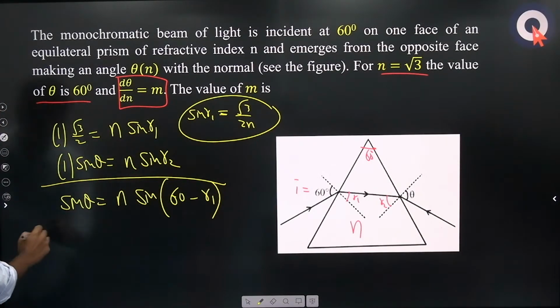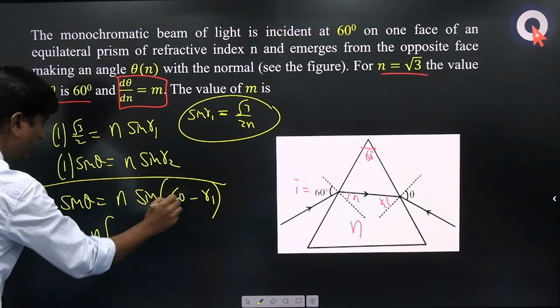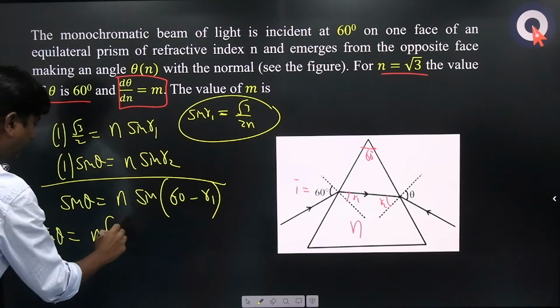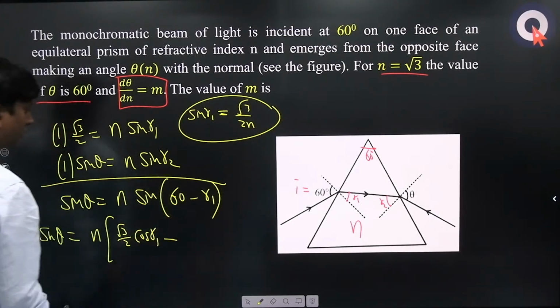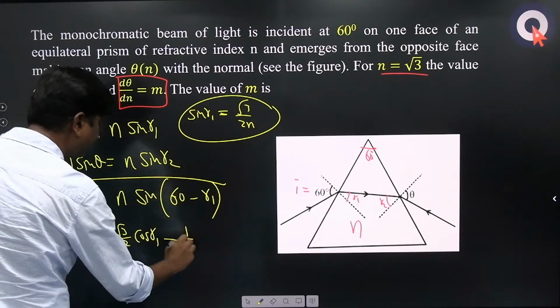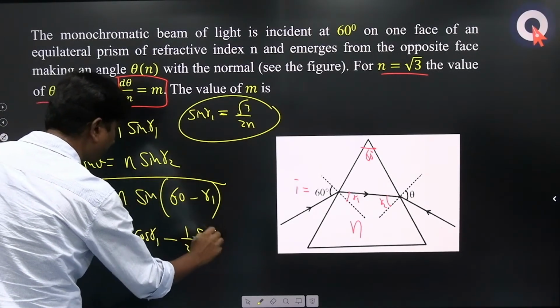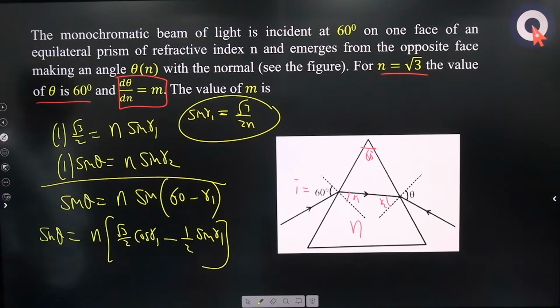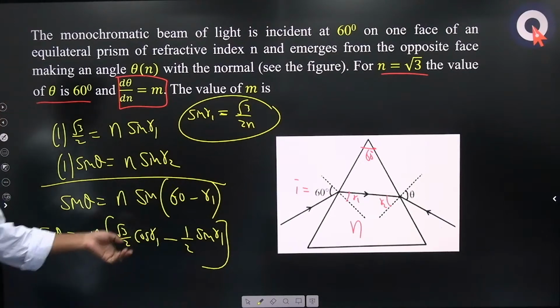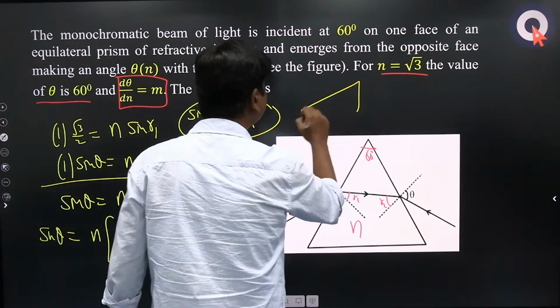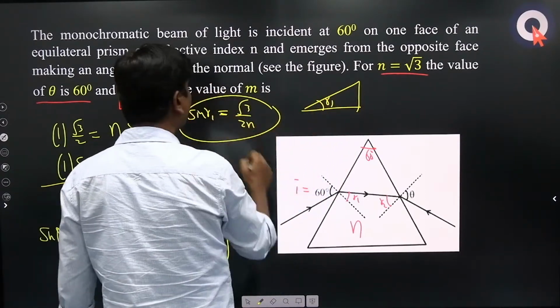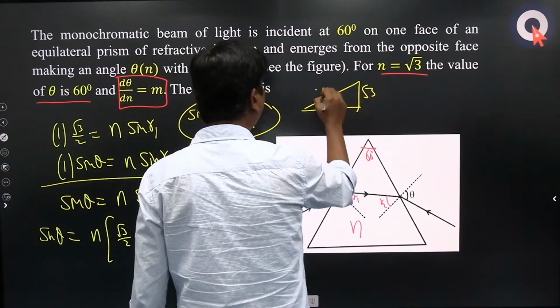Now what we do? Sin theta is equal to n into, so this you can write as sin A cos B minus cos A sin B, right? So theta is a function of n, but R1 is there, and that also try to write in terms of n only, because you know sin of R1 is root 3 upon 2n.